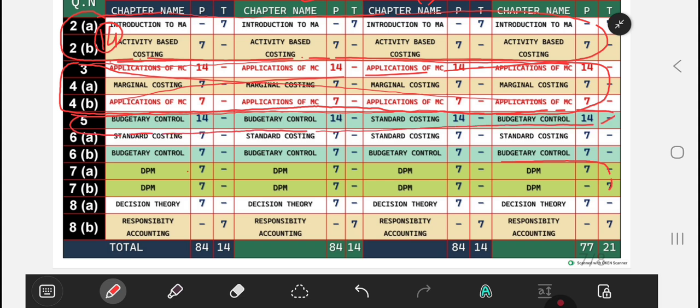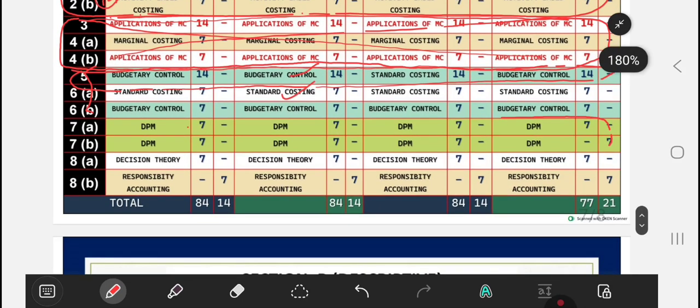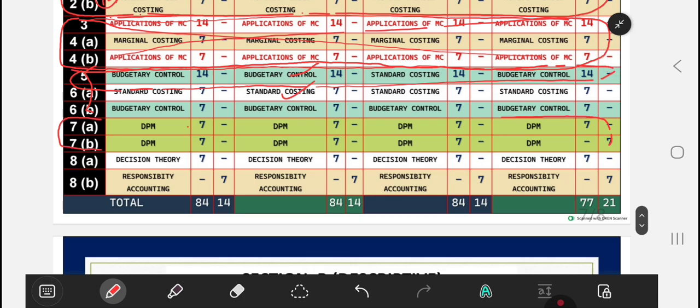By studying this you can easily write the fifth question also. Here there is a slight change: they mix, like budgetary control in one attempt and standard costing in another attempt. 7A and 7B are from DPM, that is divisional performance measurement. Here the important areas are EVA, economic value added, and learning curve. 8A is decision theory in every attempt and 8B is responsibility accounting.